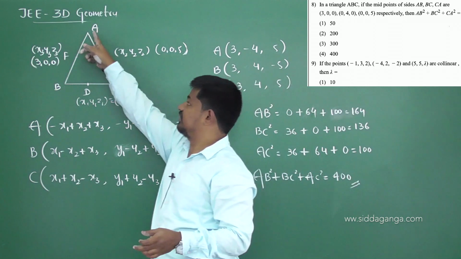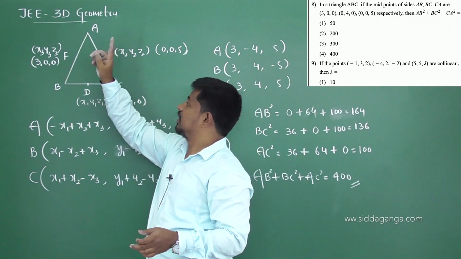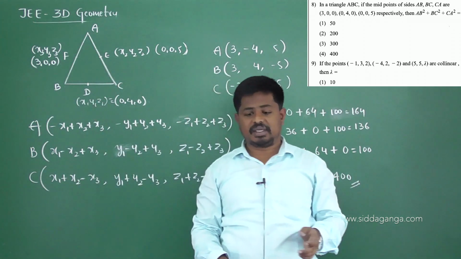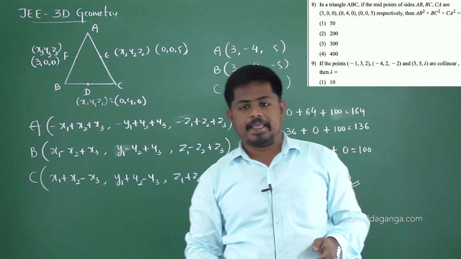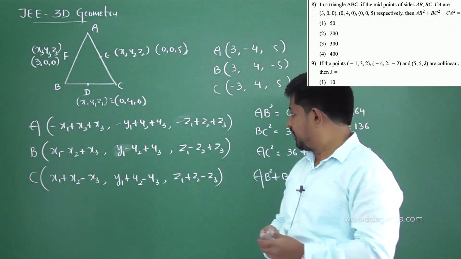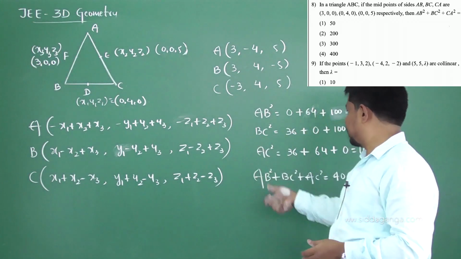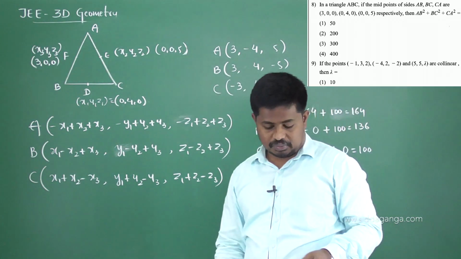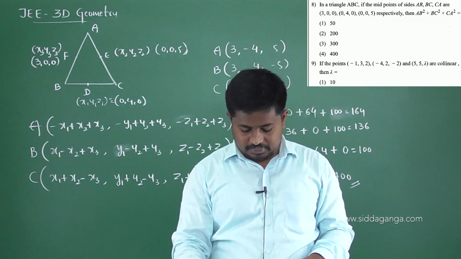After getting these coordinates, you can find AB, BC and AC. Then, using the distance formula for AB square, BC square, AC square, the sum of these three becomes 400. So option 4 is the correct one.